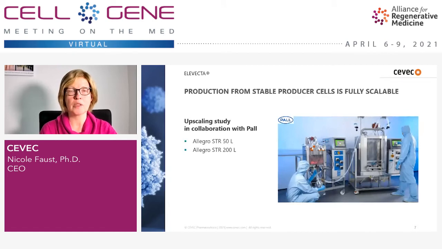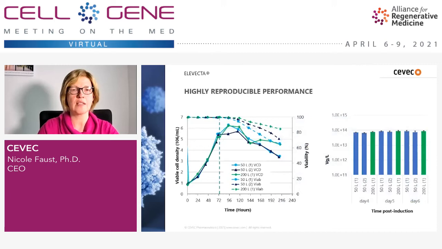So we worked in a collaboration with Pall, and they used their Allegro stirred bioreactors initially at a 50-liter scale and then scaling up to 200. The scale up was very smooth and easy, going from 10 liters to 50 to 200. And as you can see in the growth data, we see very comparable growth curves.